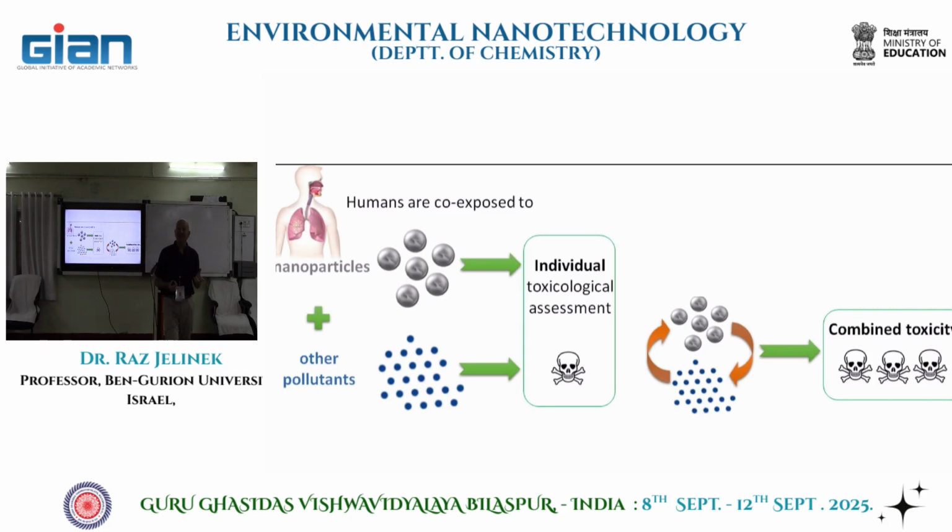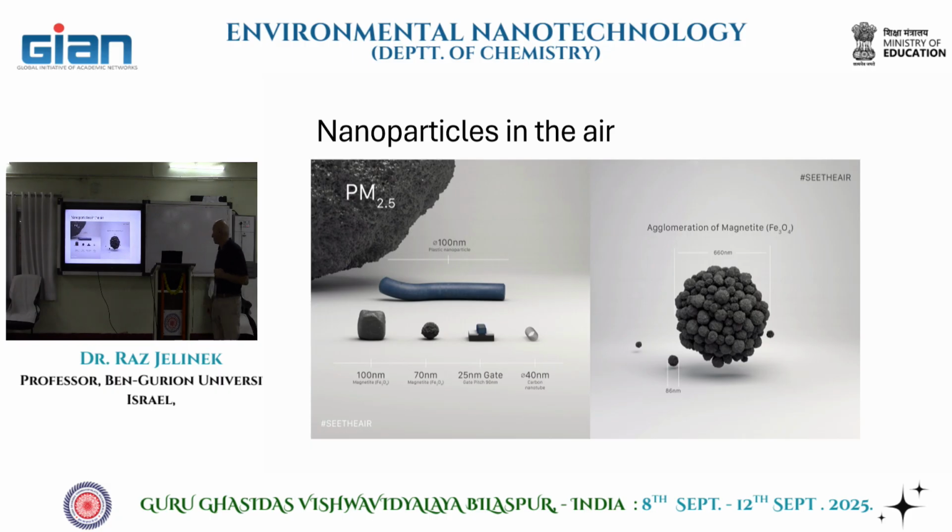Sometimes it can be even worse when you have nanoparticles in the air or in the water, which combine with other pollutants, toxic molecules in the air or in the water. And when they are combined together, that can be even worse.